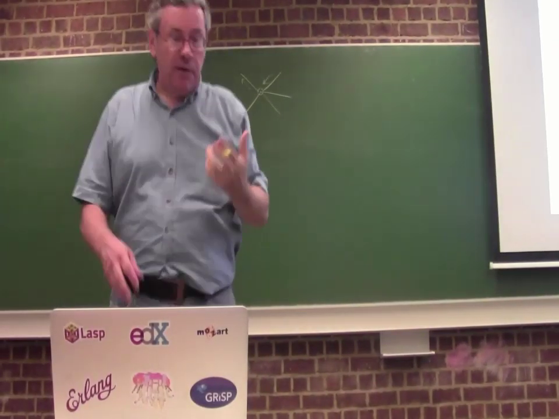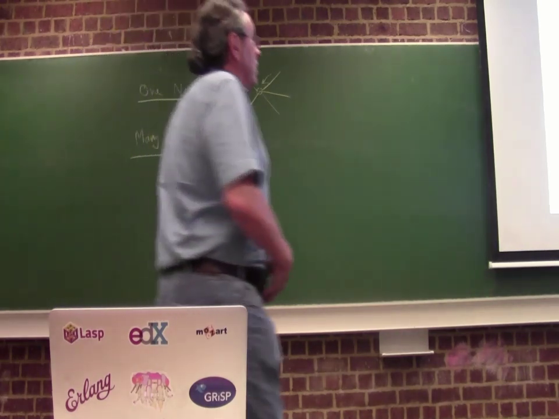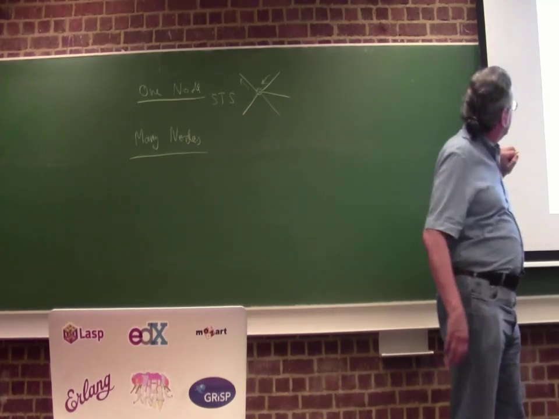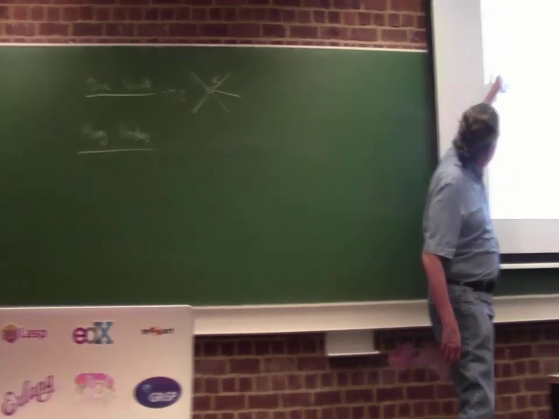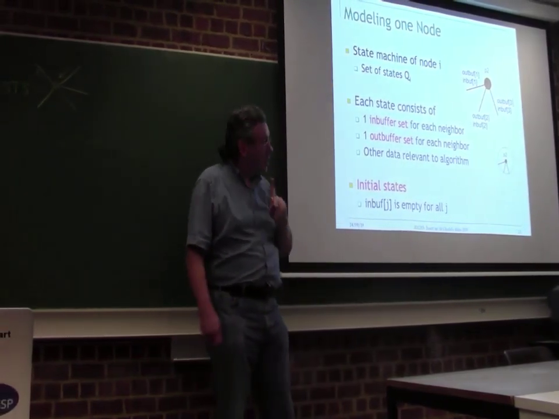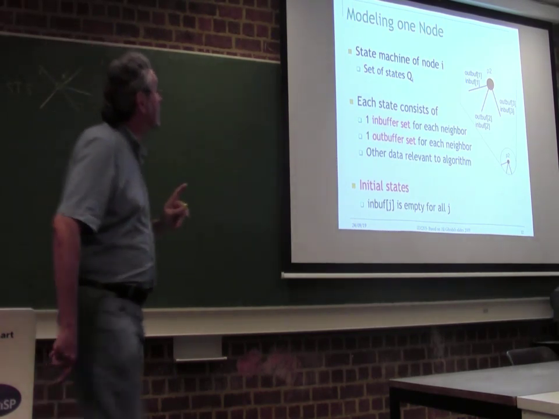The real interesting part comes when we start connecting the nodes together. So let's start connecting them. In the distributed system, the node is a state machine, but there's also a network. And we have to model the network in a realistic way.